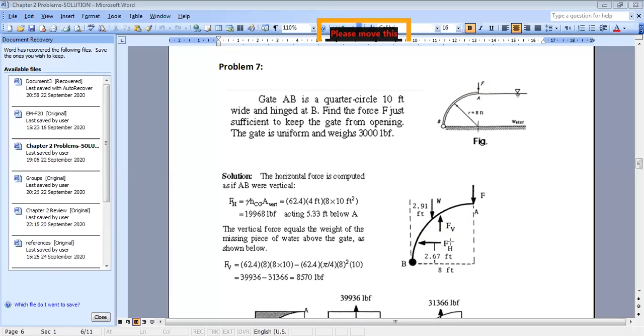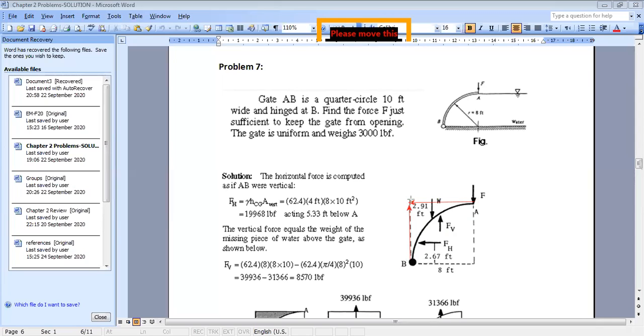From the course material, if we have a curved surface, the horizontal force is equivalent to the force acting on the projected surface of the curved one. So this is your curved surface. If you do the projection, you get a vertical surface, which is a rectangle.